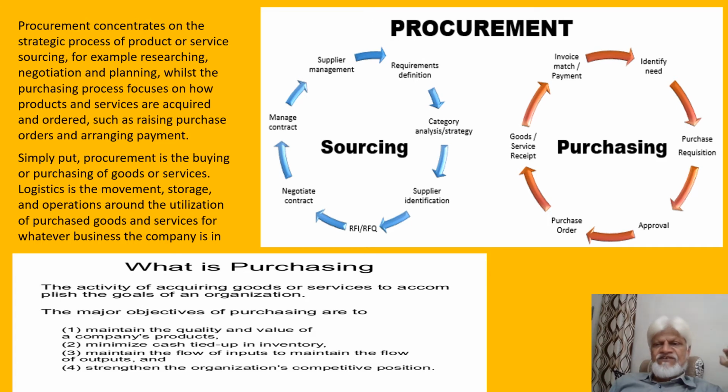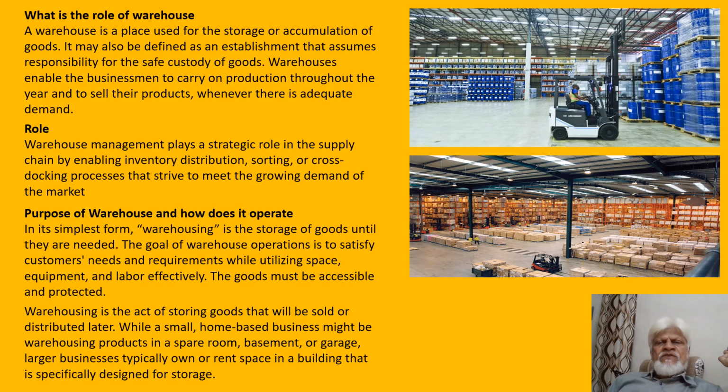It's self-explanatory. So, coming to the warehouse: a warehouse is a place for storage or accumulation of goods. That's the best example. It may be defined as an establishment assuming responsibilities for the safe custody of your goods. Warehouses enable businesses to carry out production throughout the year and sell their products whenever there is adequate demand.